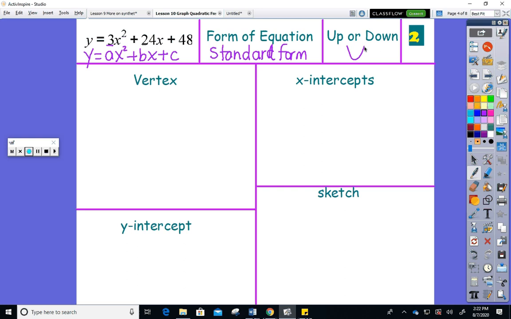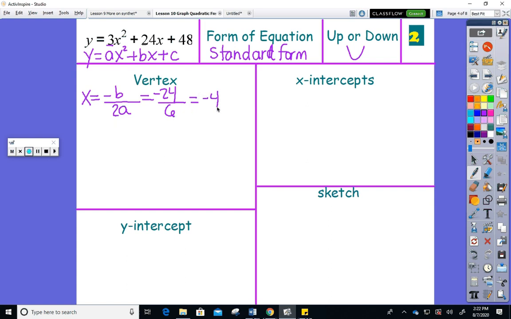Now, the vertex in standard form is not as easy to get. So what I have to do is say x equals negative b over 2a. I bet you remember that now that you're saying it. Negative b is negative 24. 2a would be 2 times 3, or 6. And that's giving me negative 4.